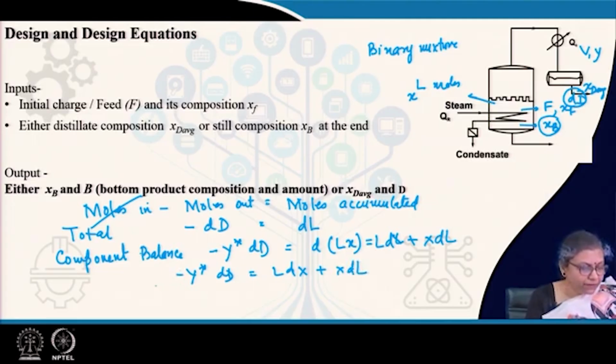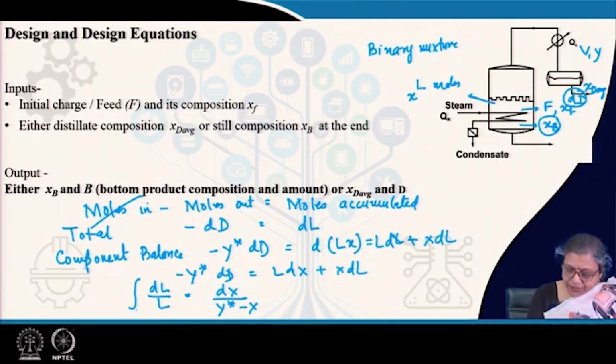From there we can define dL by L equals dx by y star minus x, and this varies from what? It starts from the feed liquid, and it continues till the amount of moles of the bottom which is remaining. Correspondingly, this starts from xF and continues till xB, isn't it?